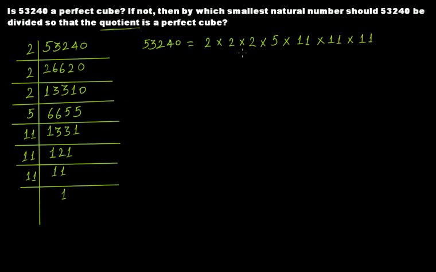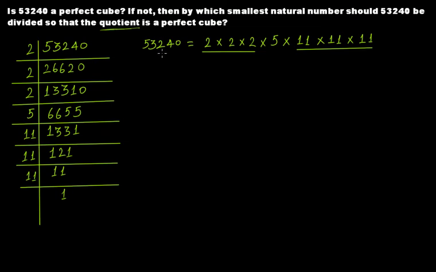Here we have three prime factors, 2, 5 and 11, of which 2 appears 3 times, 11 also appears 3 times, but 5 only appears one time. Clearly 53,240 is not a perfect cube.